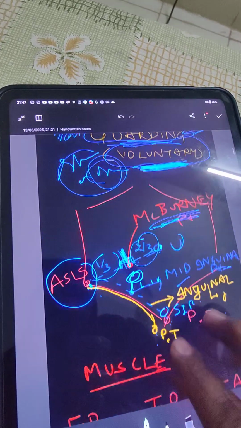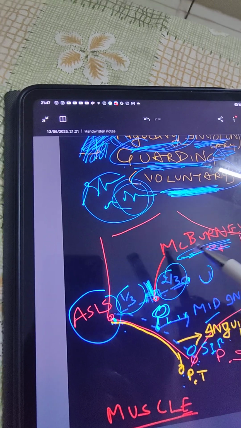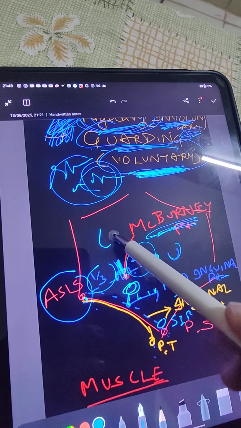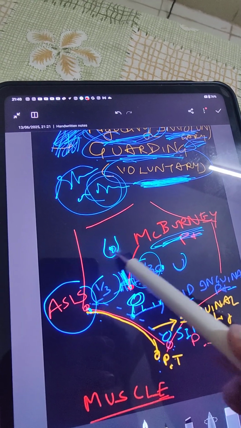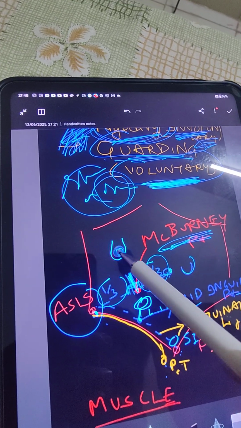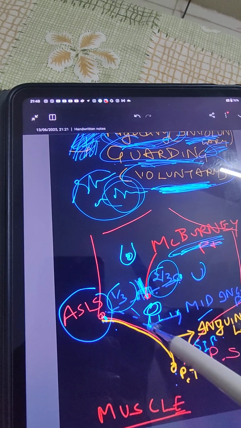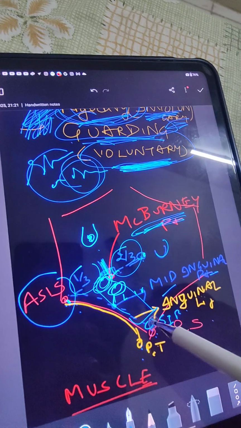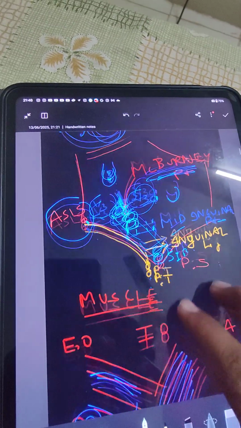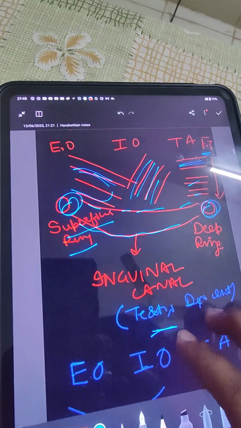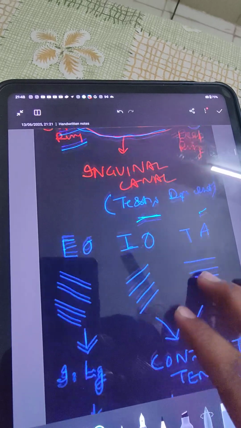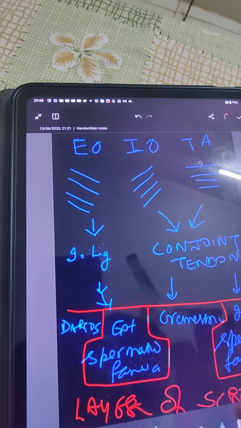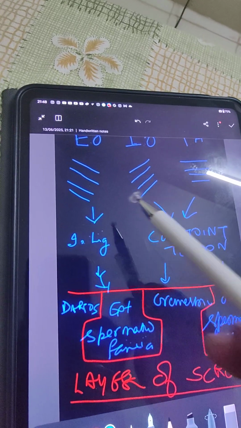In fetal life, where is the testis formed? Intra-abdominally. After that the testes descend through the inguinal canal from the deep inguinal ring to the superficial inguinal ring. The testes carry the same layers with them. What will be the continuation of the external oblique?